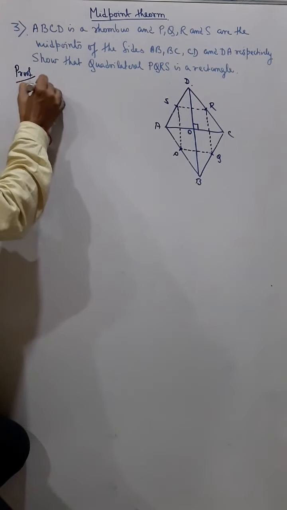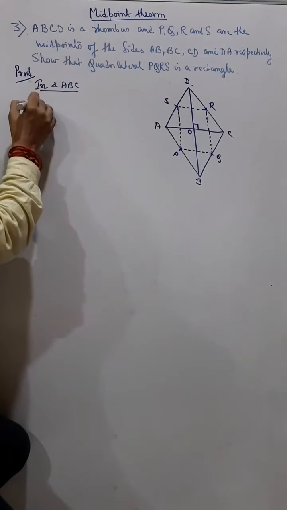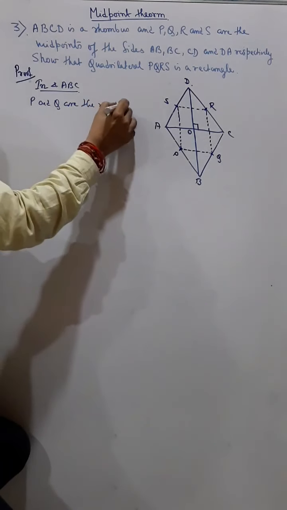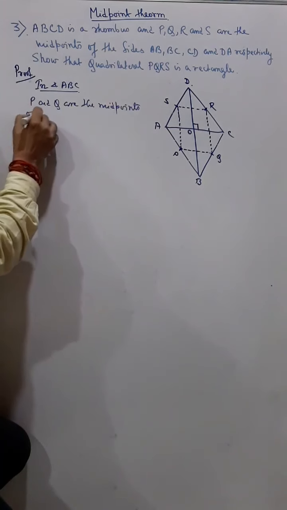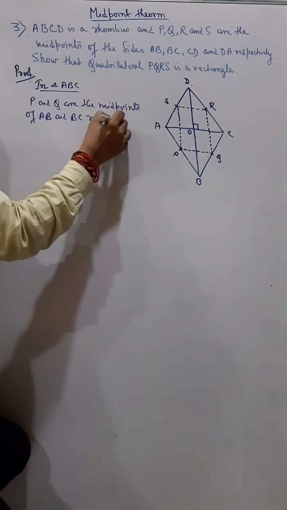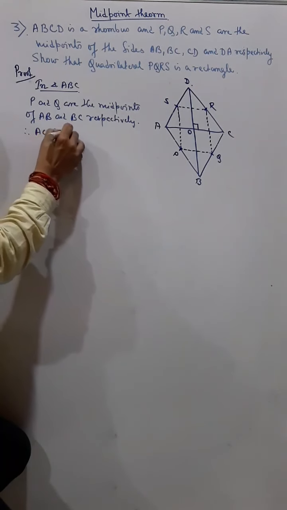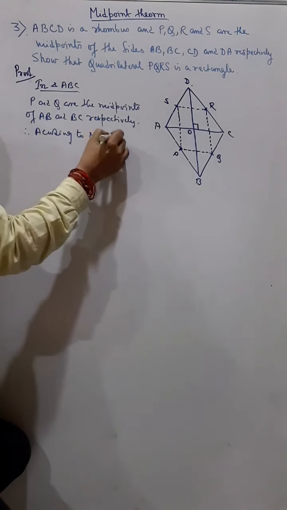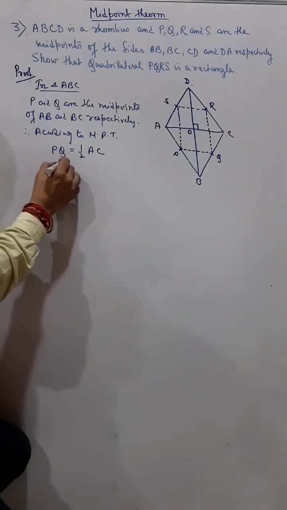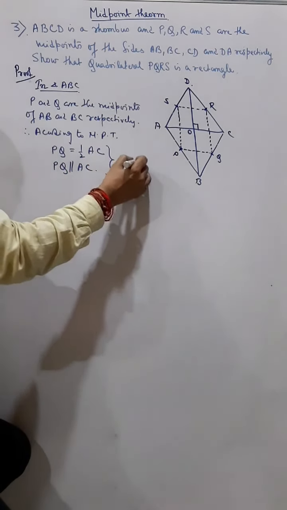Now we can say that in triangle ABC, P and Q are the midpoints of AB and BC respectively, and therefore we can see that according to midpoint theorem, this PQ is equal to half of AC and PQ is parallel to AC, right? So let this be number 1.